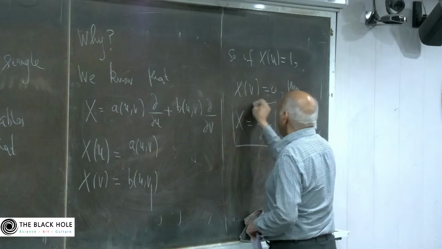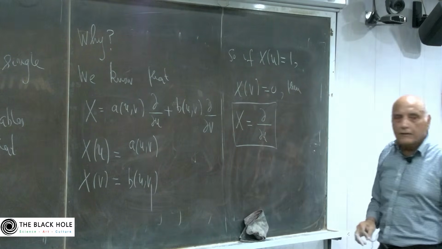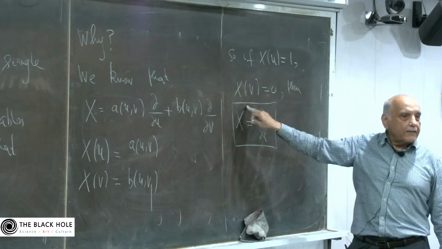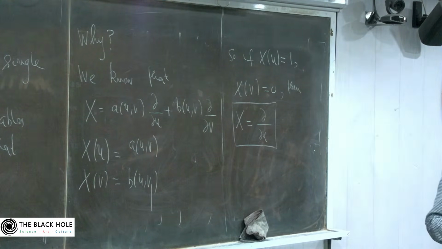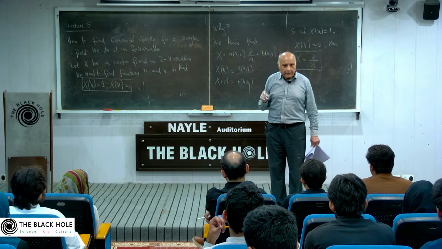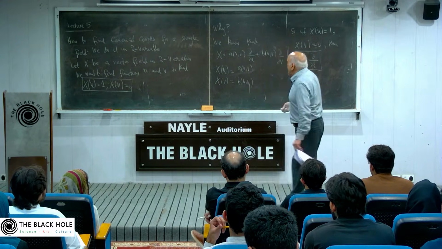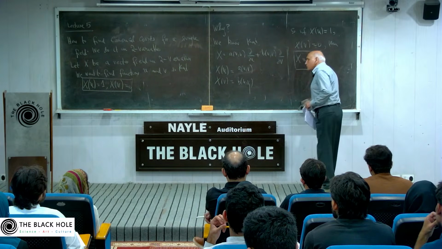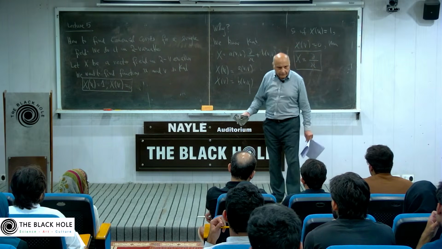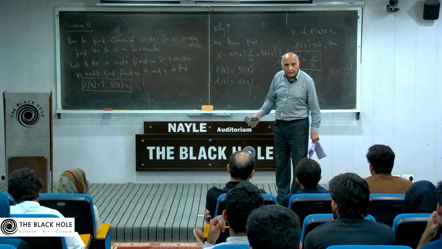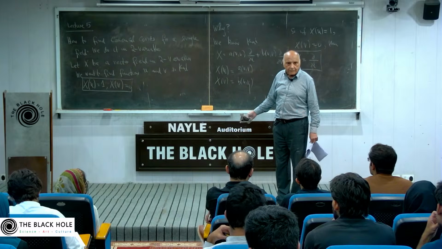Okay. Those functions for which x of v is 0 are called the invariant functions for the vector field. Okay. So there is a method which goes back to Cauchy and it's called Cauchy's method of characteristics.